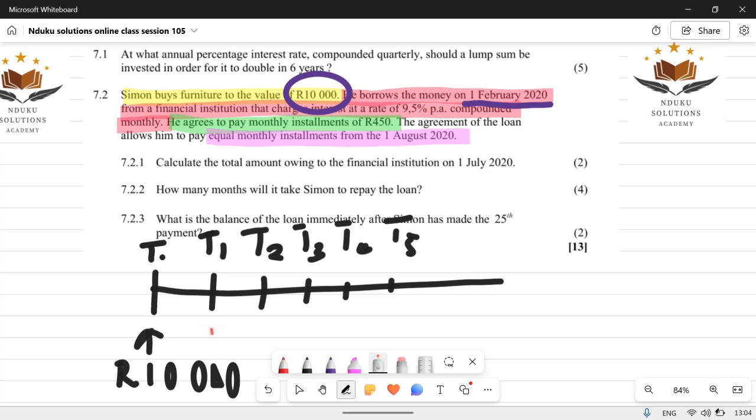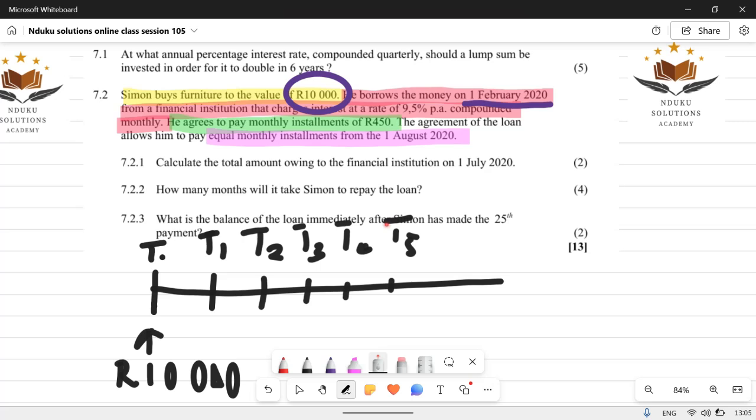Our T1 here was the 1st of March, then it will be the 1st of April, May, June, July. That's 5 months from when the money was released from the bank.